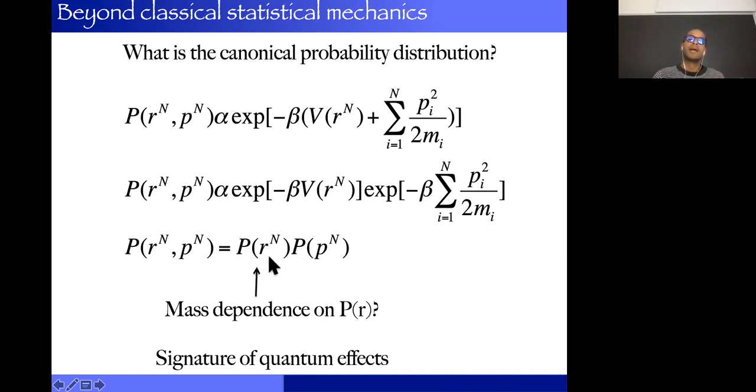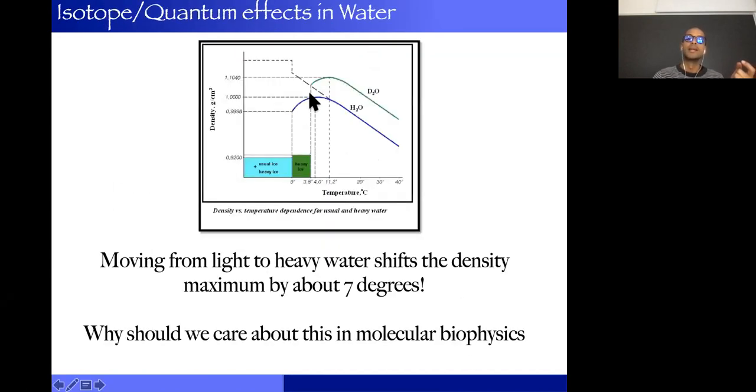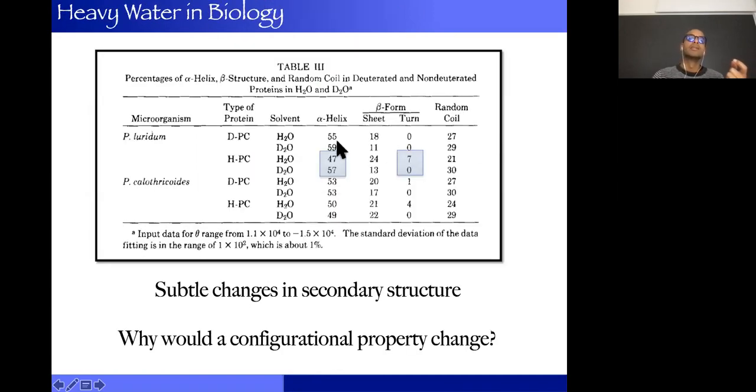Okay. And so in the context of these situations that I'm showing you here, where there's a shift in the density maximum, there's a change in the configurational property of the alpha helix going from H2O to D2O.